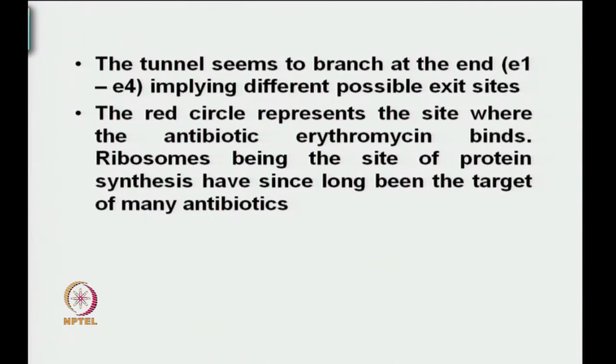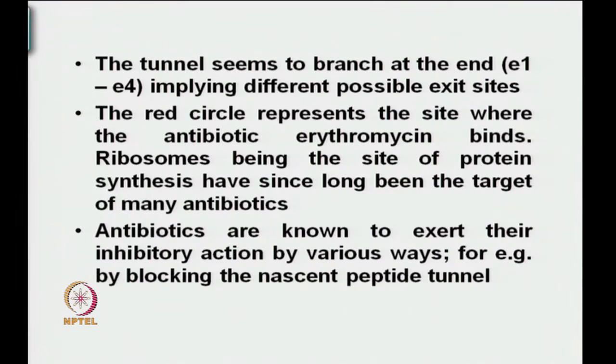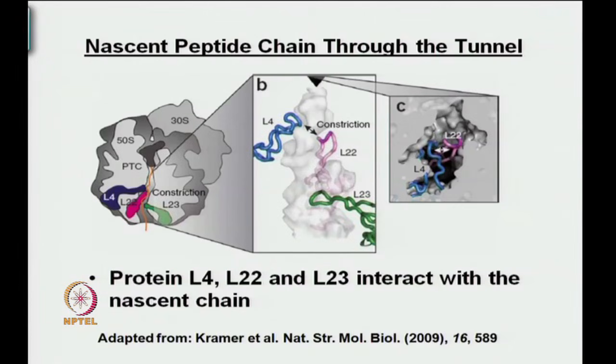The ribosomes, being the site of protein synthesis, have long been the target of many antibiotics, and antibiotics exert their inhibitory action in a variety of ways. For example, one way is by blocking the nascent peptide tunnel. If you block the nascent peptide tunnel, what will happen? The peptide will not get synthesized.